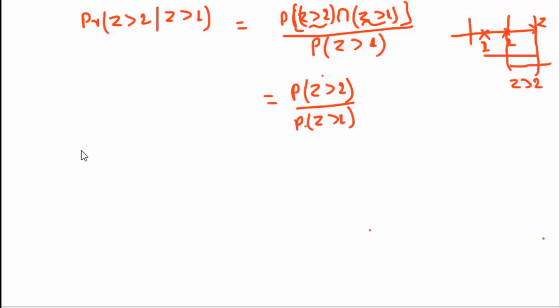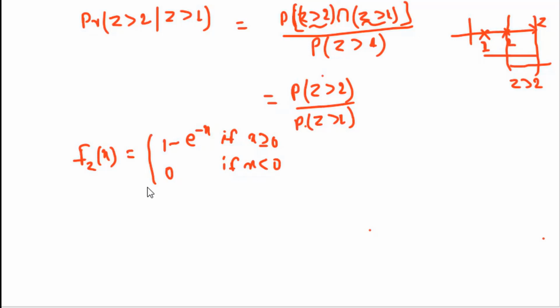Now, you are given F_Z(x) equal to 1 minus e to the power minus x if x is greater than or equal to 0, and 0 if x is less than 0.